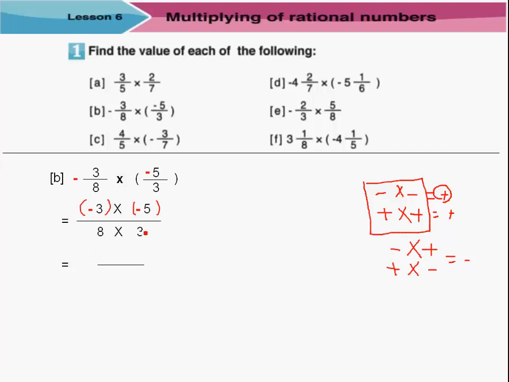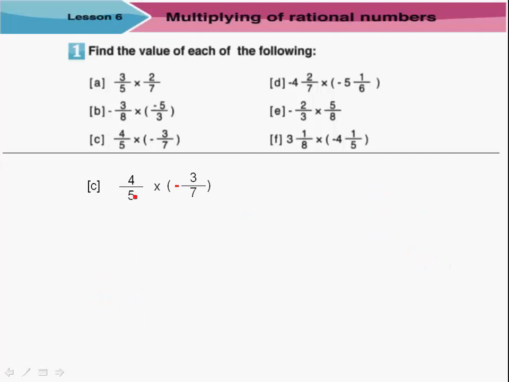3 times 5 equals 15. The denominator is 8 times 3, equal to 24. Be careful because 15 can be divided by 3 and also 24. So divide by 3. 15 divided by 3 is equal to 5, and 24 divided by 3 equals 8. This is the simplest form of the answer.